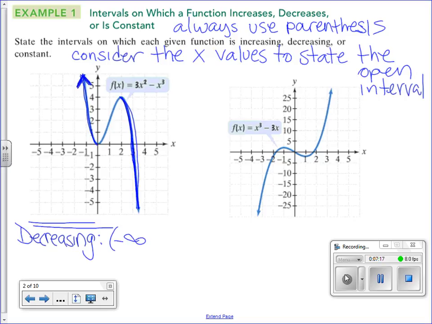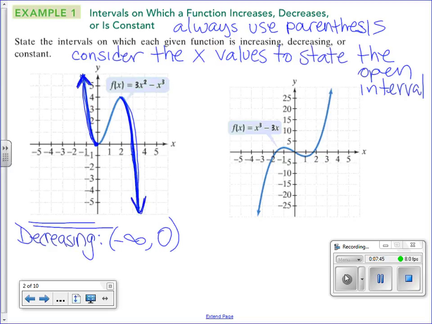And then here we could see clearly what is the x value at this particular point. What is it, Jennifer? X value here? 0. So only the x value. So it is decreasing from negative infinity to 0. Okay? Also, it is decreasing from here to here, and we'll see another arrow.